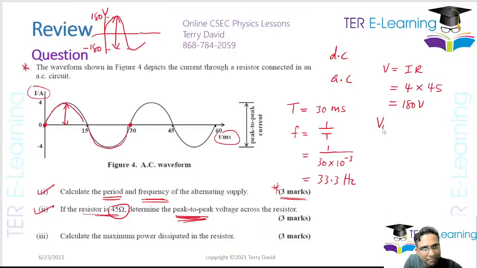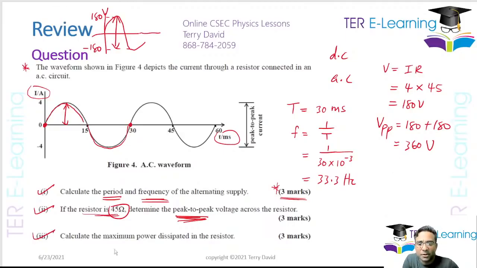So my peak-to-peak voltage is going to be 180 plus another 180, which gives me 360 volts, right? So pay attention to some of the terms that they're using in the questions. So it is 360 volts peak-to-peak voltage. That's the answer for part 2.